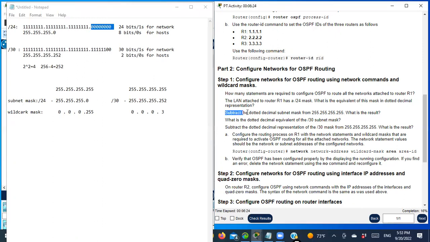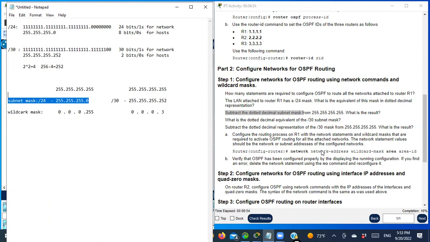Now subtract this dotted decimal subnet mask from 255.255.255.255.